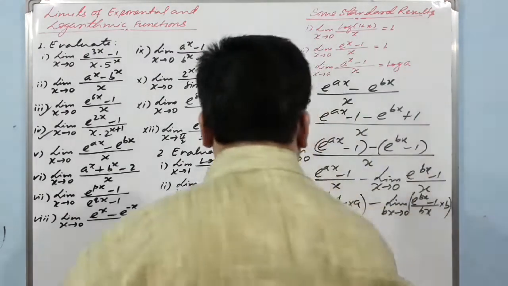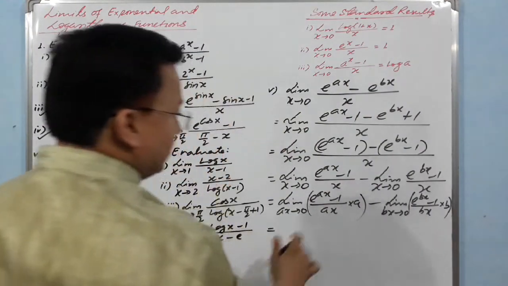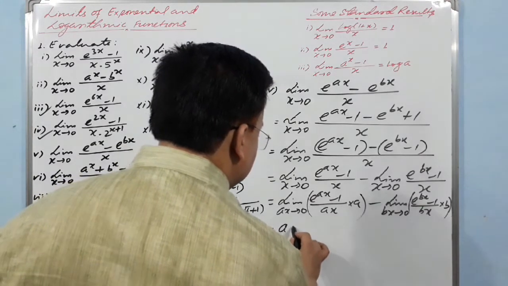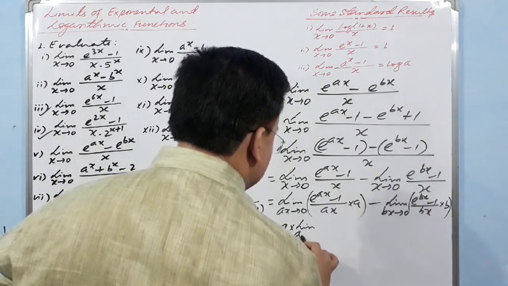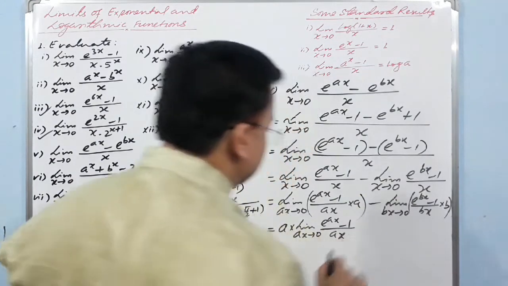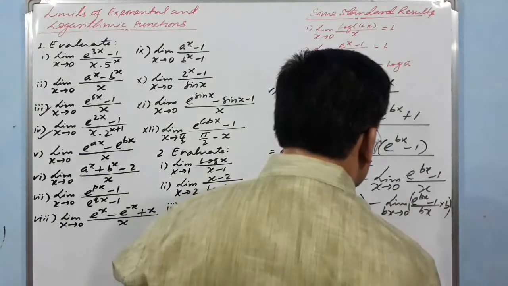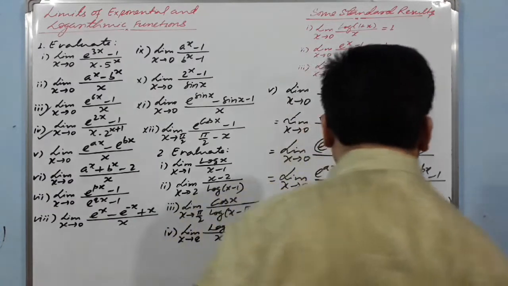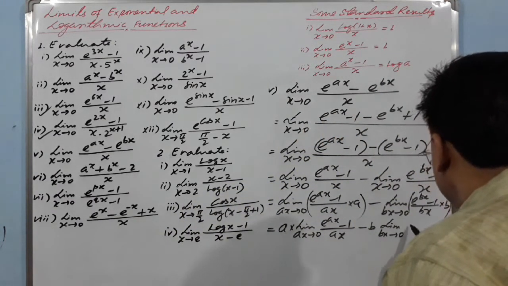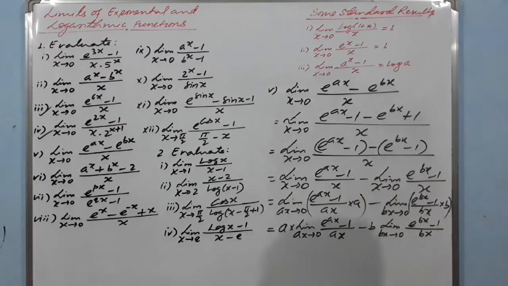Now a and b are constants, so a into the limit of ax tends to 0 of e raised to power ax minus 1 over ax, minus b times the limit of bx tends to 0 of e raised to power bx minus 1 over bx.